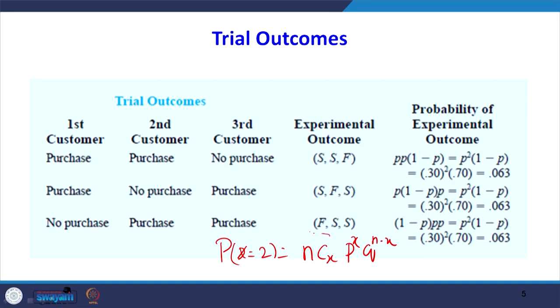This nCx will give you the different combinations of that event to happen. This p power x, here always p squared q power n minus 2, will give you the probability. So that is the purpose of this binomial distribution.